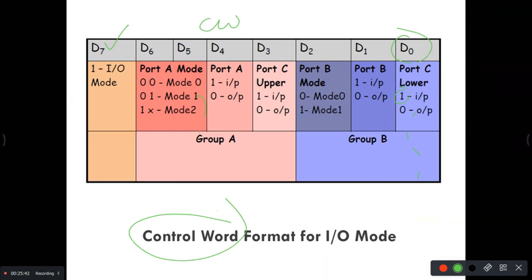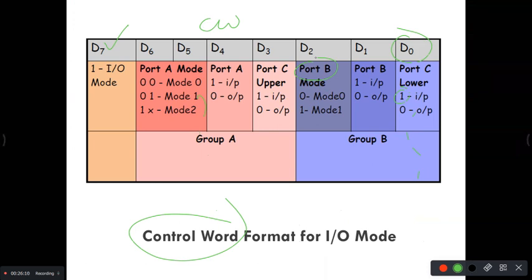Now, come to D2. D2 tells about the different modes of operation. This 8255 can be used in different modes. We'll discuss what mode 0 operation and mode 1 operation are. It can be used in either mode 0 or mode 1. Suppose you want to use port B in mode 0 operation, you make it 0.